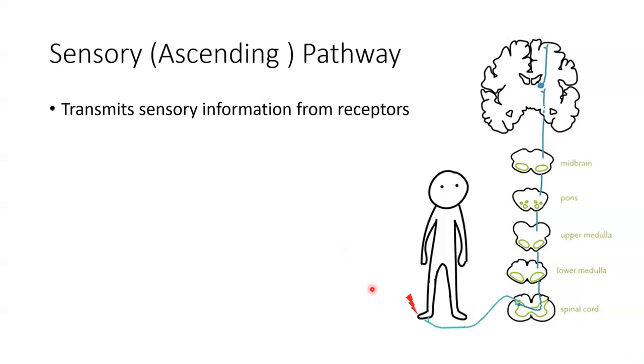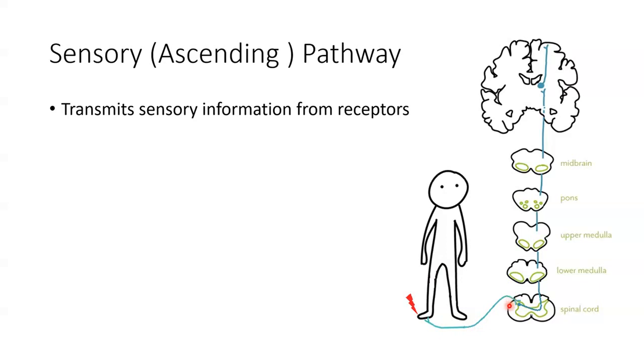As an example, we step on a piece of Lego and nociceptors or pain receptors in our feet are stimulated. They generate an action potential that moves up towards the brain via a sensory neuron. Unless this stimulus triggers a reflex, which we'll talk about in another lecture recording, the sensory neuron will travel up the leg towards the spinal cord.